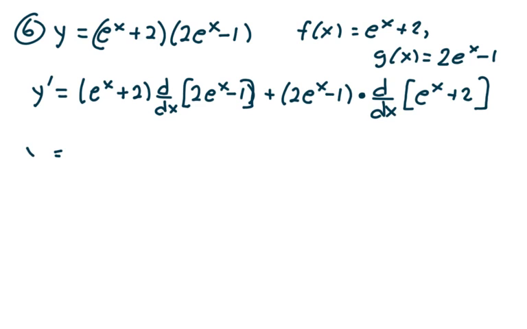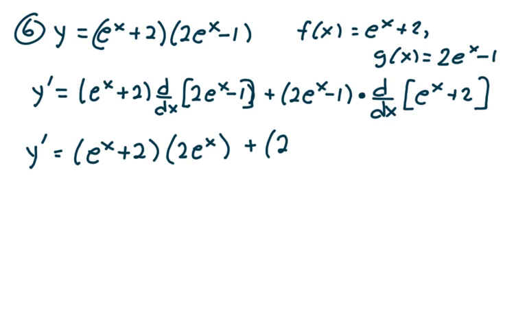So when I take this a little further, I'm going to write e to the x plus 2. And then the derivative of 2e to the x minus 1 with respect to x is 2e to the x. And then I'm going to add 2e to the x minus 1 times the derivative of e to the x plus 2 with respect to x, which is just e to the x.